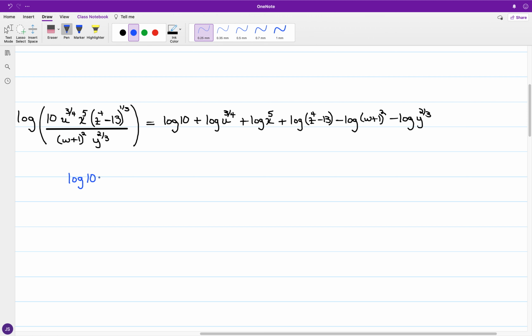With log, log is implicit notation for a base 10 logarithm. So you have the base 10 logarithm of 10, and a standalone 10 is 10 to the first, so this will go to 1.